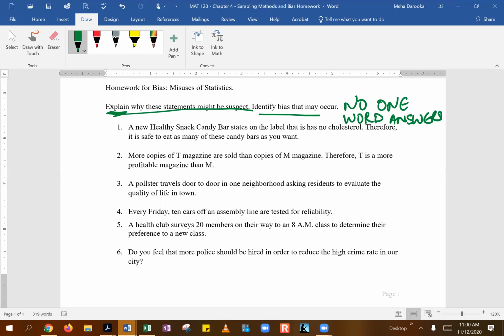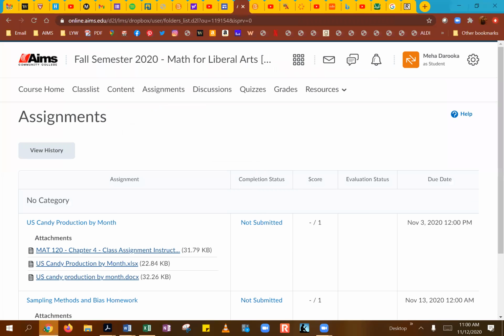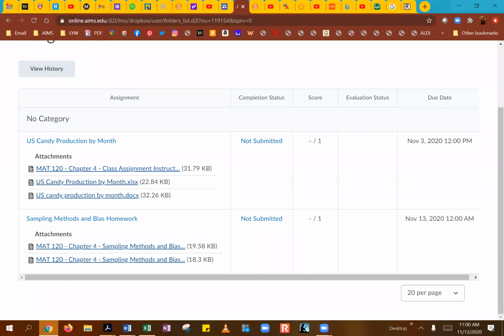Okay, so again, you will find this handout under assignments when you go to your D2L course shell. Just go down to the sampling methods, and it's going to be this second one in your assignments. Any questions on this handout, folks?